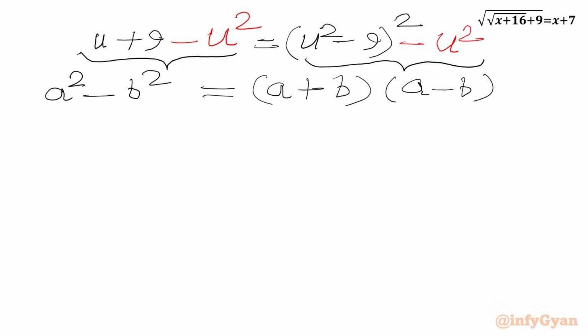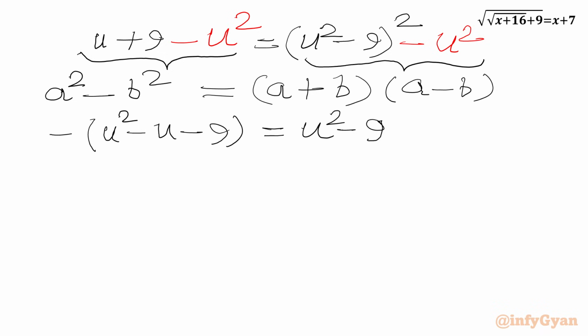Now we will take minus 1 common from LHS. So minus of u square minus u minus 9. And in RHS we will be using this identity. So we will write u square minus 9 plus u times u square minus 9 minus u.